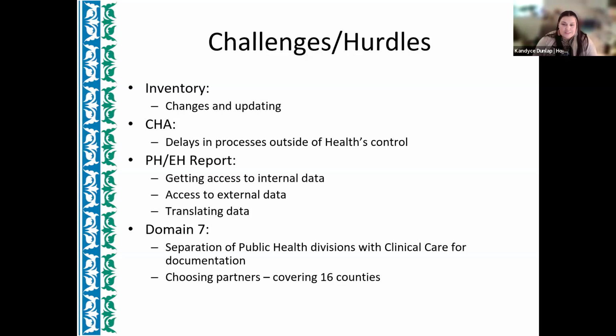And one hurdle and challenge for us is choosing our partners. We have a lot of fantastic local health departments within our 15 county jurisdiction, and we don't have the capacity to be hand in hand the whole way partnering on all of their community health assessments and their community health improvement plans.